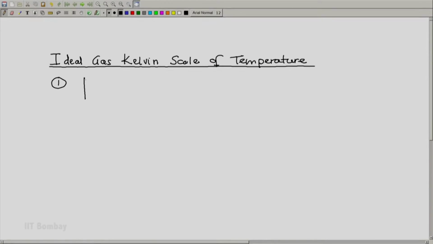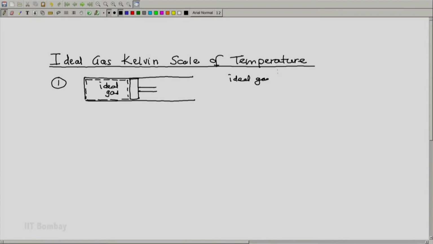Because it is an ideal gas scale, we use as earlier an ideal gas in our system, in our thermometer. So we have an ideal gas in our system.